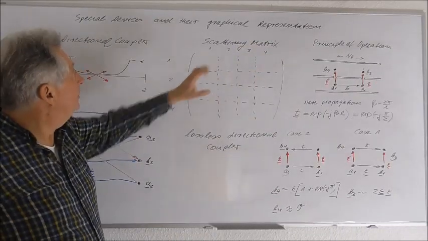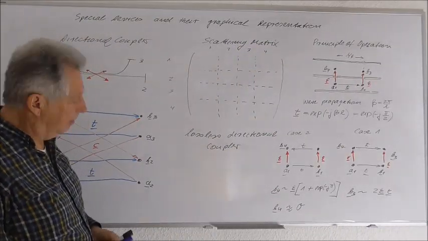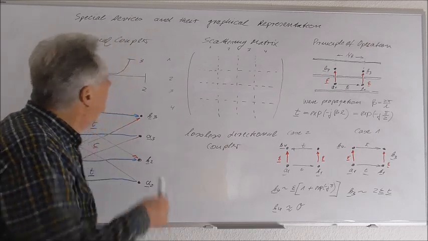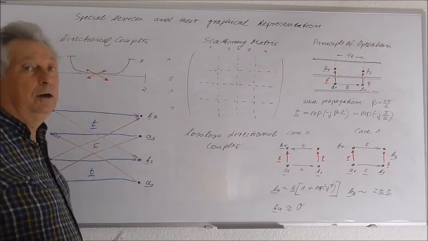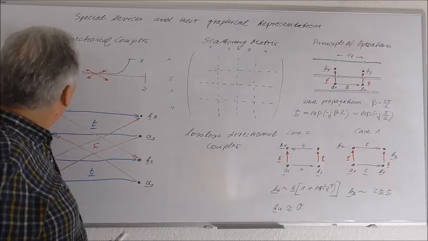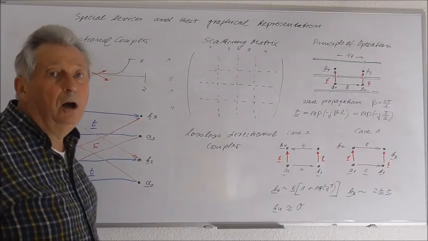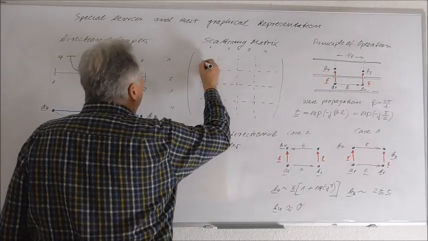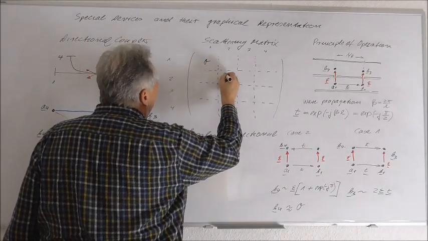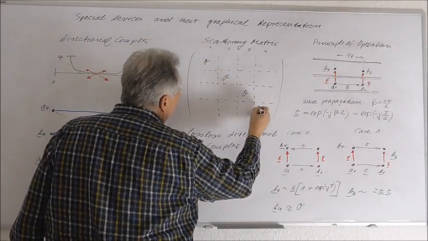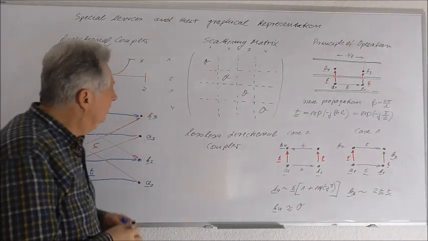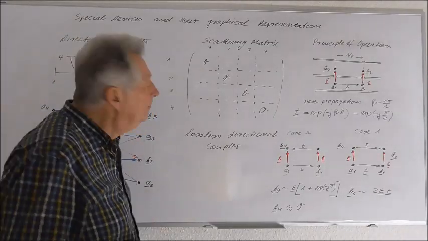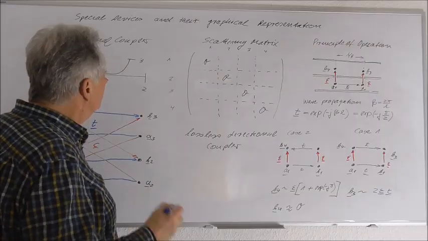I sketched here the scattering matrix for our one port, and to start to fill in the scattering parameters, we can say, since these are two waveguides which are essentially not disturbed, all elements of self-reflection will be 0. So these elements will be 0. And of course now we insert first the transmission parameter.